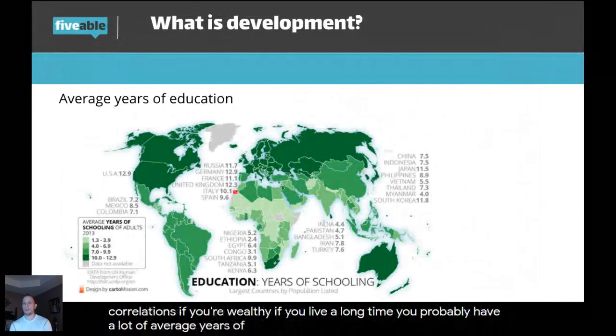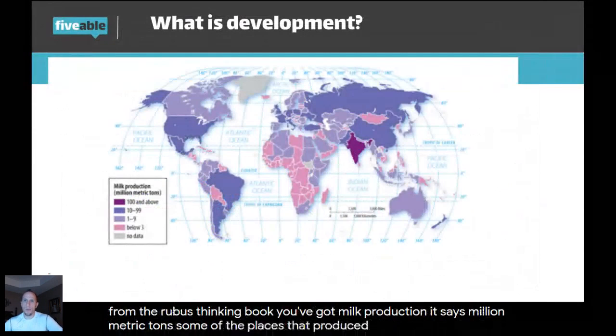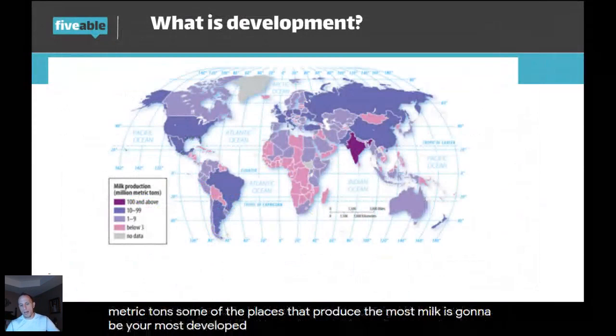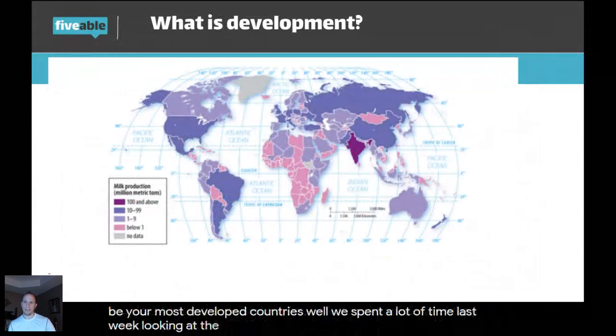Here's another one. This here comes from the Rubenstein book. You've got milk production. It says million metric tons. Some of the places that produce the most milk are going to be your most developed countries. Well, we spent a lot of time last week looking at the things that go into a dairy farm. There is a lot of mechanization.